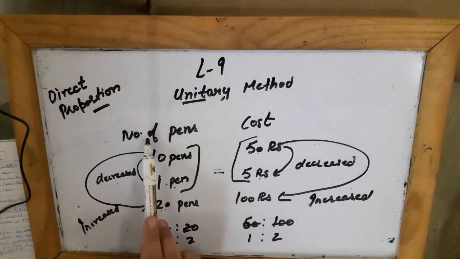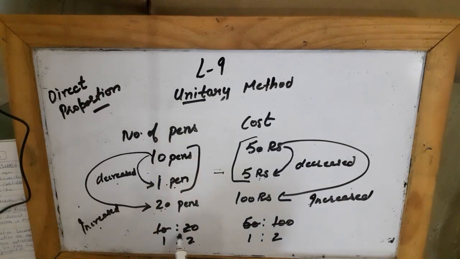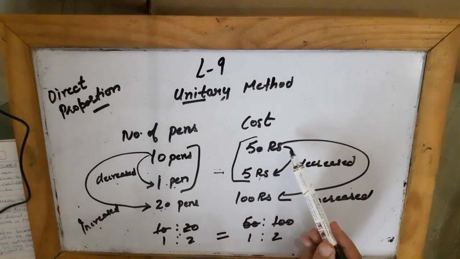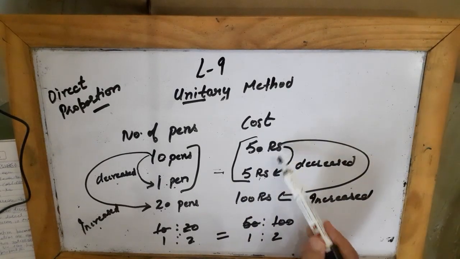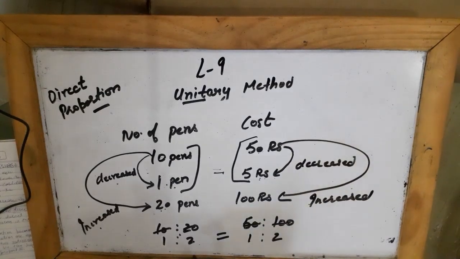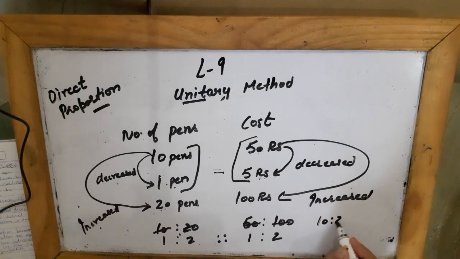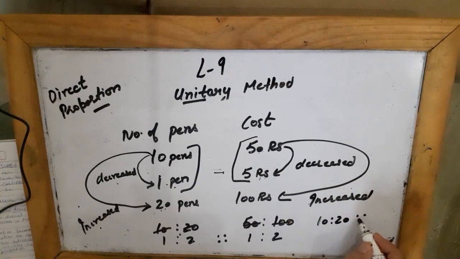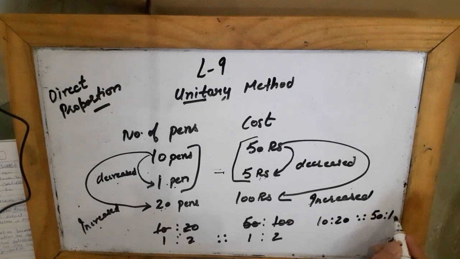So I can say the ratio of increase in the number of pens is equal to the ratio of increase in the cost of the pens. So both the sides the ratio is equal. So we say, and this equal sign I can change into a sign of proportionality, right? So I can say 10 is to 20 as 50 is to 100.